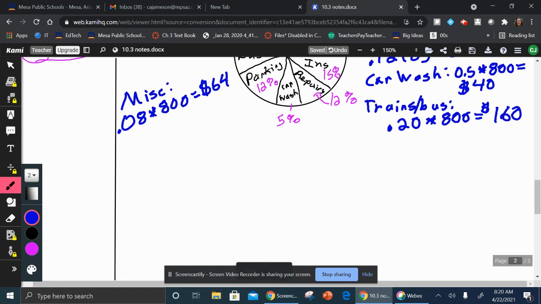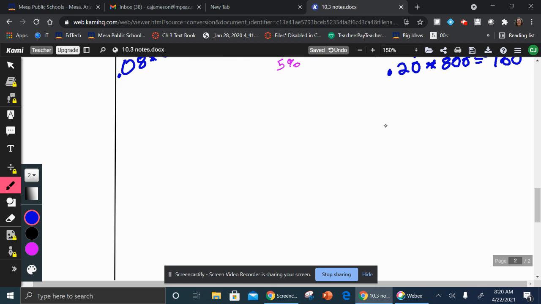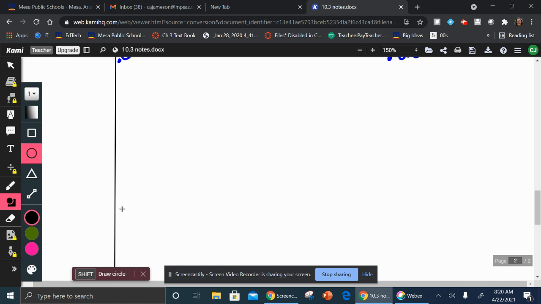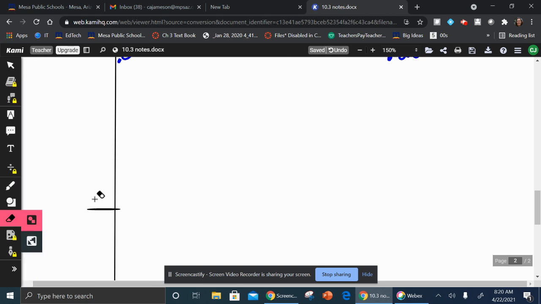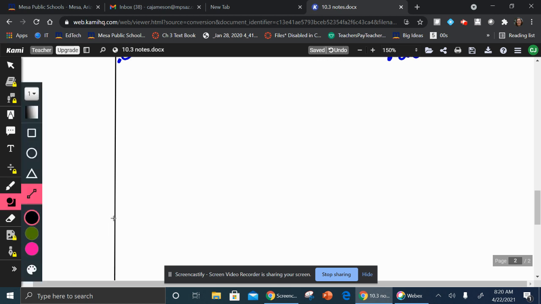Okay, there are different ways that we can do our budgets. So we can do a line graph.